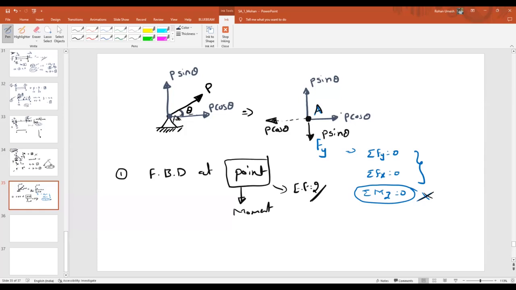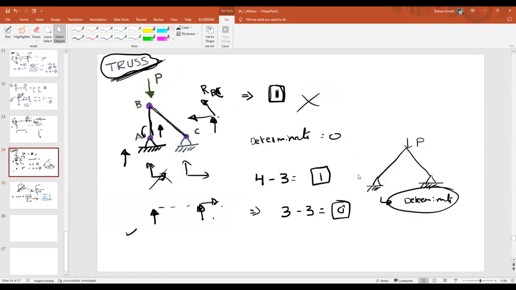Is it done? So if there is any reaction acting inclinedly at the support, we can find the reactions by using the equilibrium equations itself. Just like the same case here, because of the point P, by considering the equilibrium equations at this point B, I can find the force in this member and the force in this member.